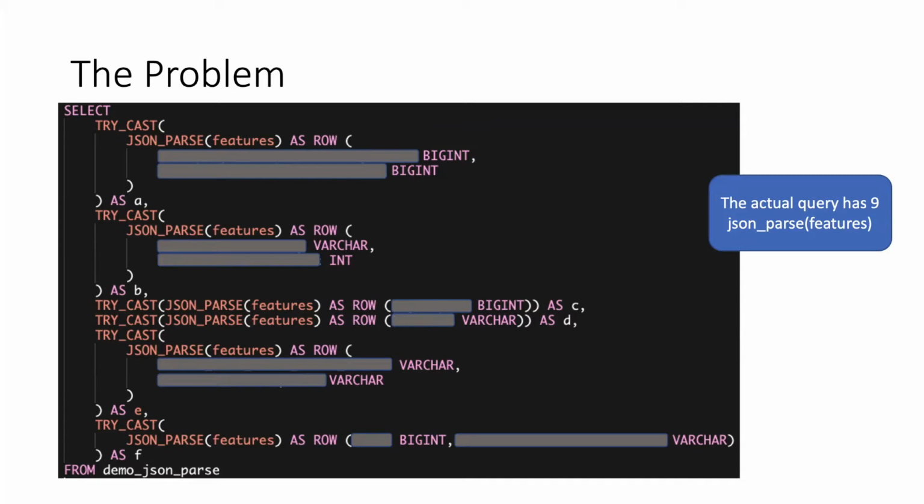The problem is there are 9 JSON parts, and in this example, 6, and they are separate. Previously in Presto, the same expression is going to be evaluated 6 times or 9 times in the original query. And JSON parse is very expensive. As a result, the query performance is terrible.